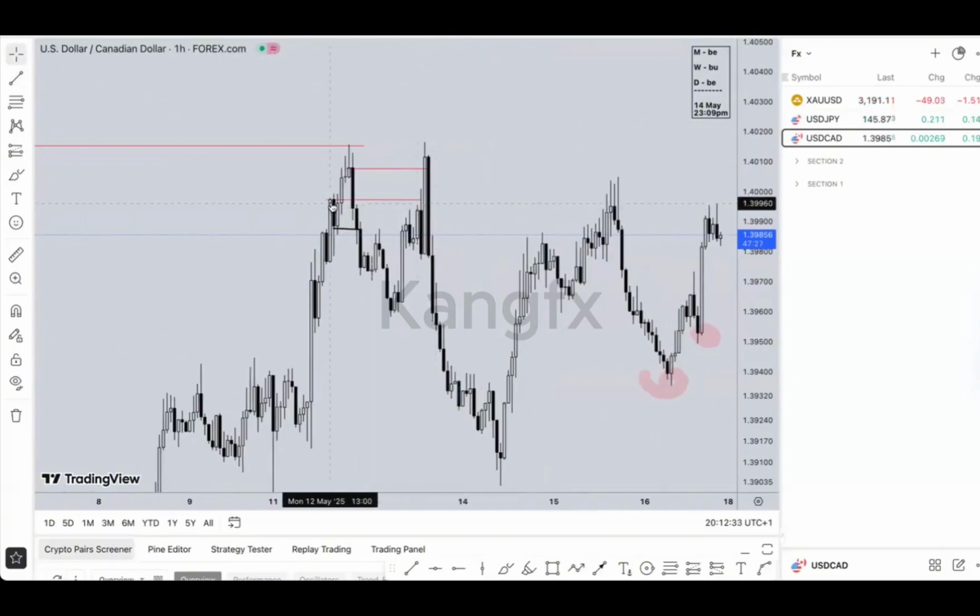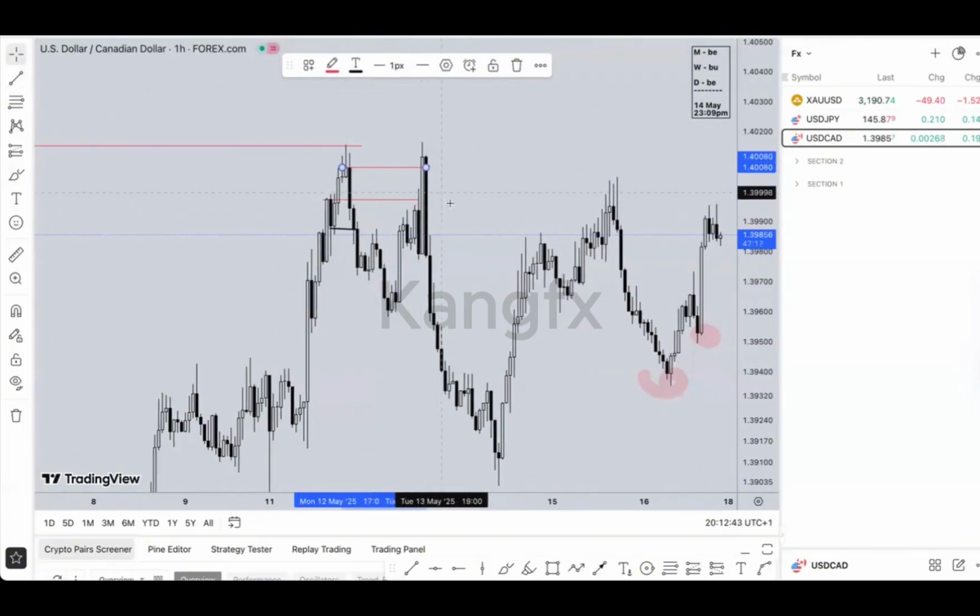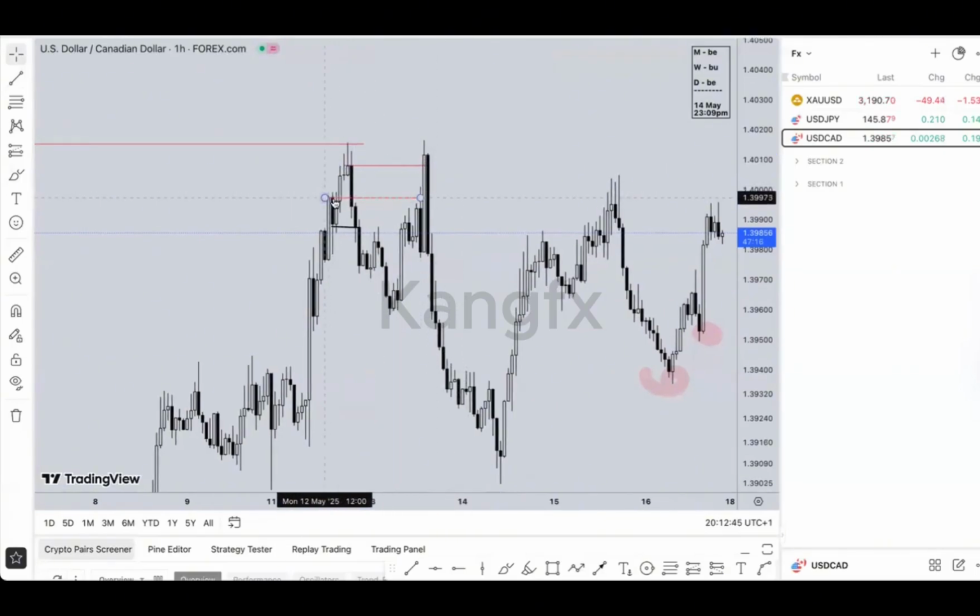Now, this QM is not as strong as this support and resistance level. But why do I include the QM? Because sometimes 20% or 30% of the time, the market might decide to use the QM, and I don't want to miss out when the market is using it.